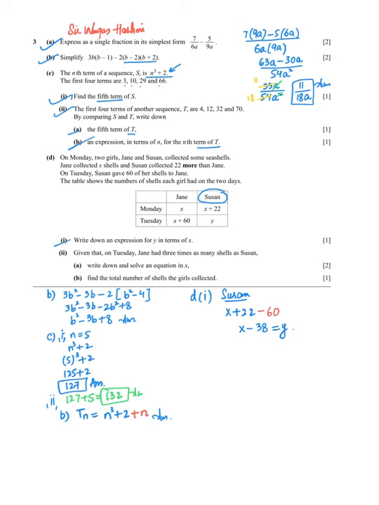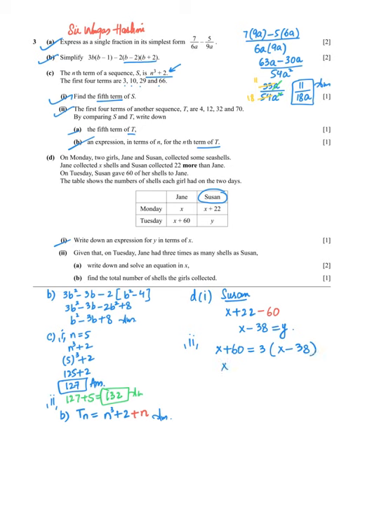Alright, for the second part it says given that on Tuesday Jane had 3 times as many shells as Susan, write down and solve an equation in x. So the number of shells Jane had is 3 times what Susan has. Jane has x plus 60, and this is 3 times x minus 38.